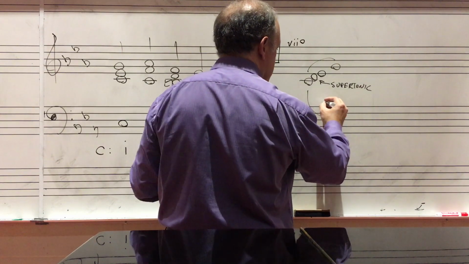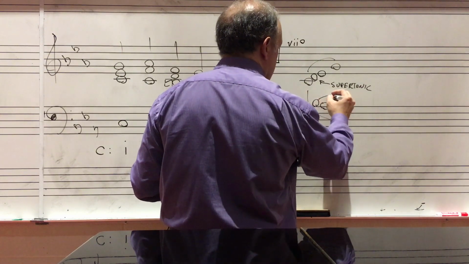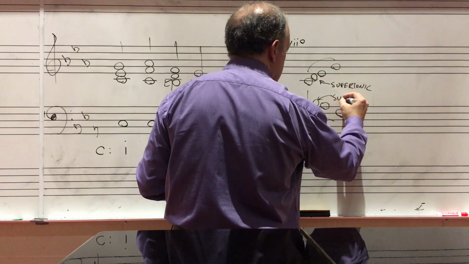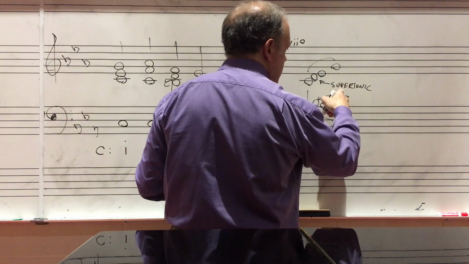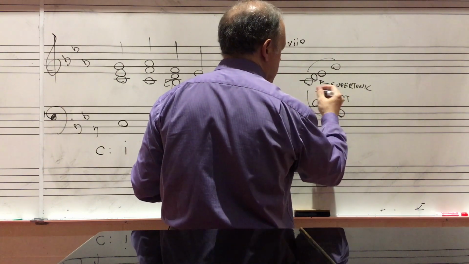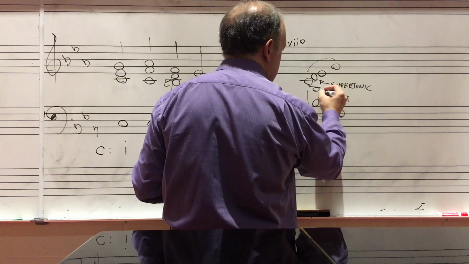I'm just imagining things in C major for the moment. A subtonic. So the thing that's just above the tonic, the thing that's just below the tonic. I guess I could show more clearly that way.